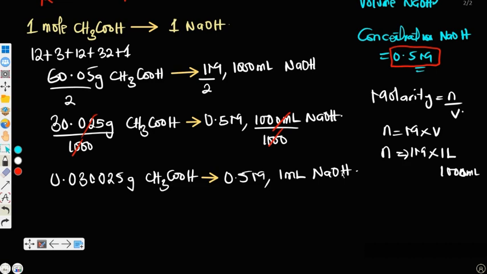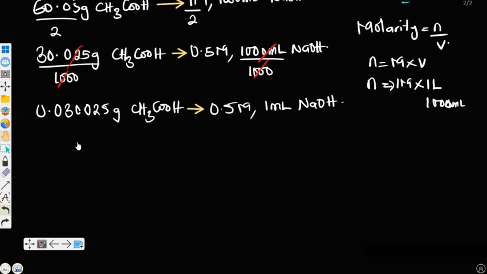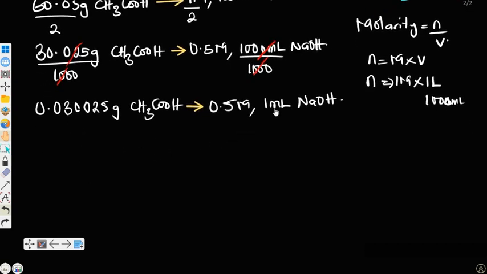Now listen, the interpretation of this is that 1 ml of sodium hydroxide will react with 0.030025 gram of acetic acid. That is the molecular interpretation. 1 ml of 0.5 molar sodium hydroxide will react with 0.030025 gram of acetic acid.